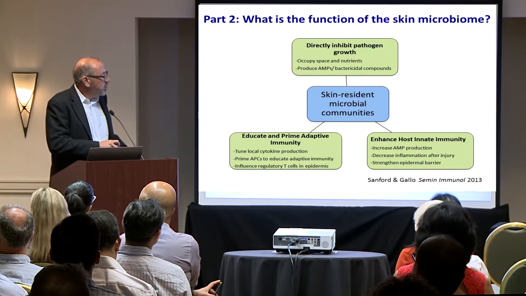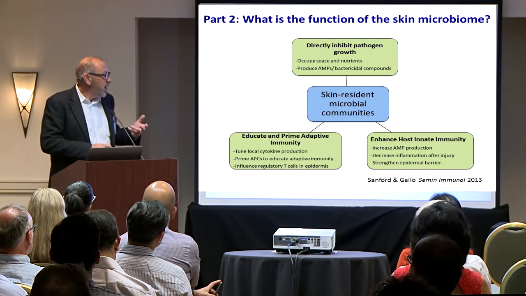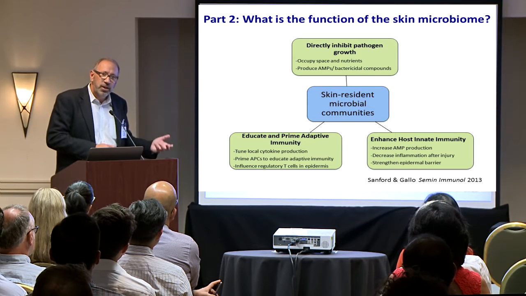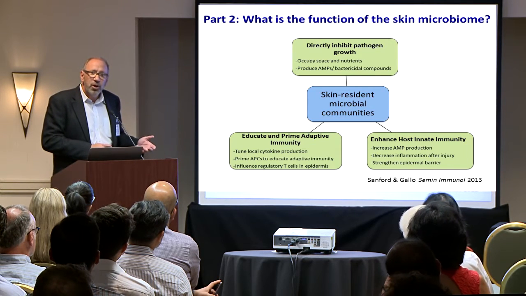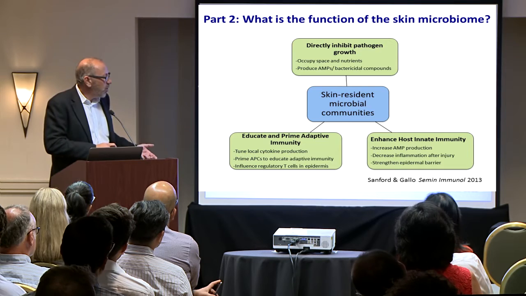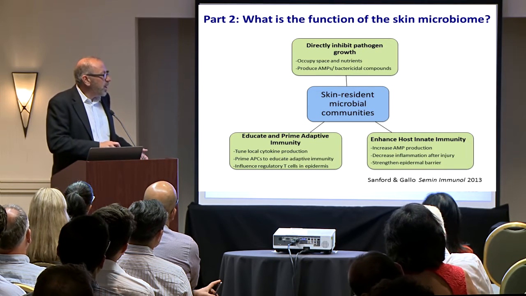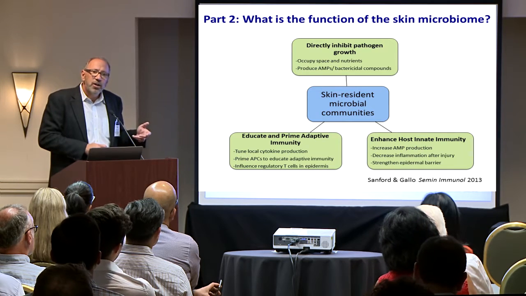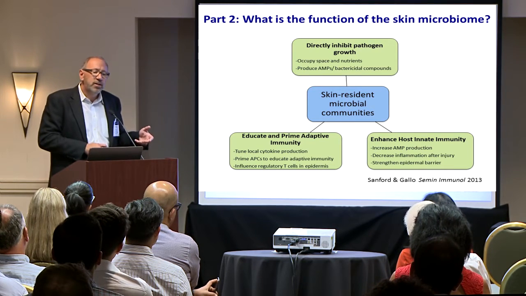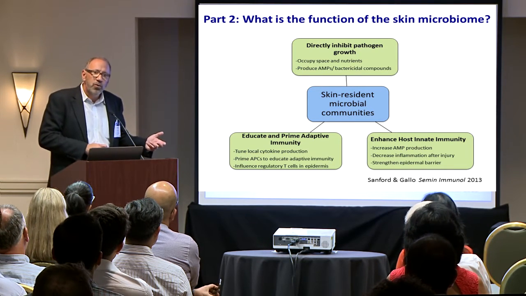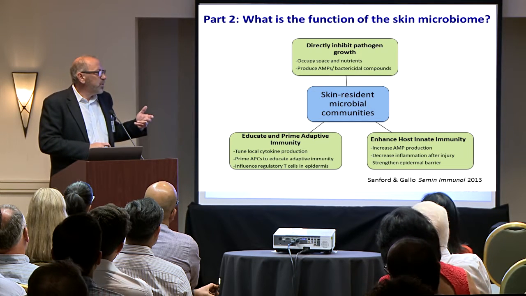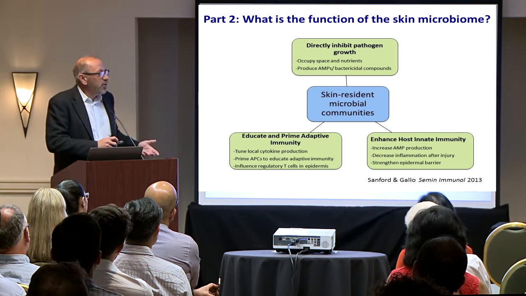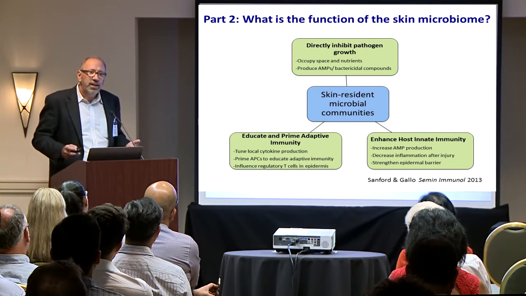First, some microbes have been suggested to be able to educate and prime the adaptive immune response: T cells, B cells, dendritic cells, antibody production, autoimmune effects, and so on. Secondly, they may be able to enhance innate immunity, influence the way cells are producing antimicrobial peptides, influence the way the barrier is formed, and influence neutrophil and mast cell functions. And then lastly, some microbes might be protecting against other microbes.